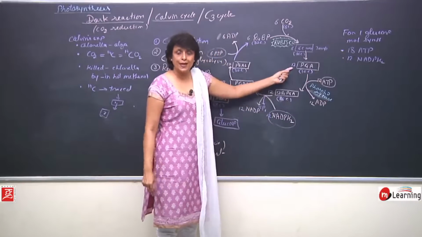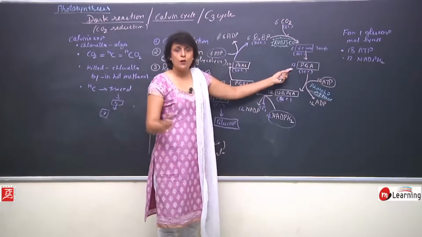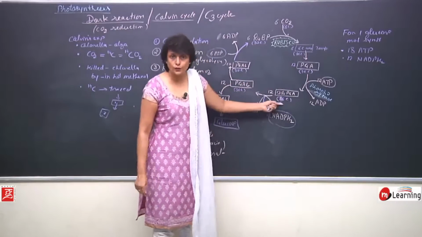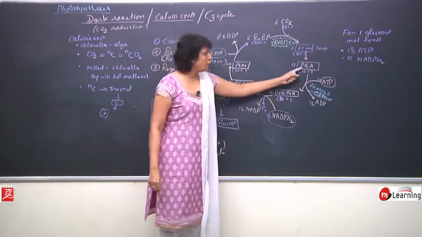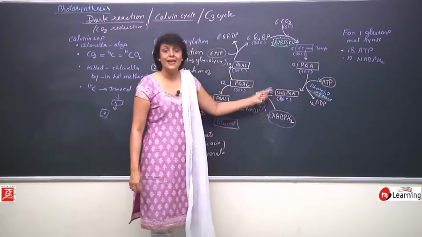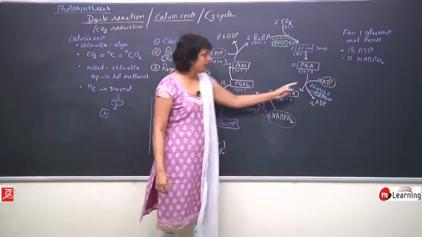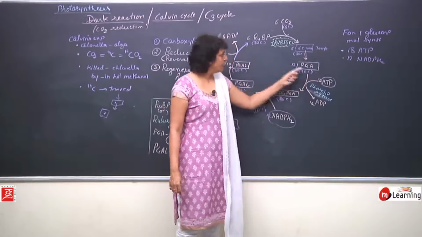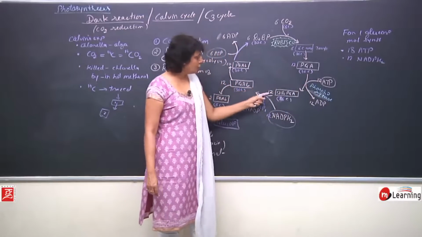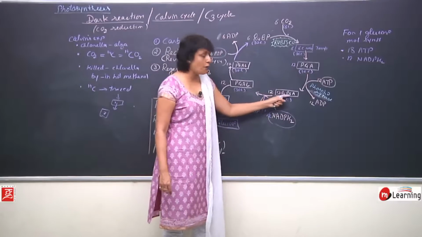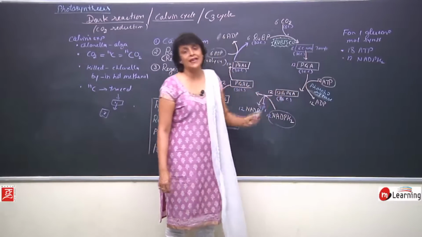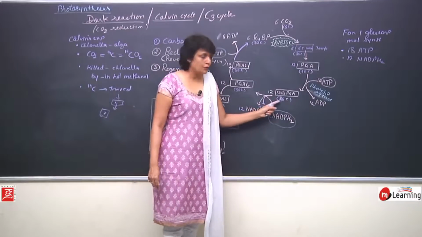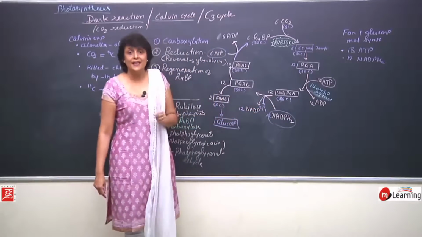This phosphoglyceric acid changes from a one phosphorus containing compound to a 2 phosphorus containing compound. So instead of phosphoglyceric acid, it becomes 1,3-diphosphoglyceric acid. Phosphorus and energy are required, which come from ATP. 12 PGA are changing into 12 1,3-diphosphoglyceric acids, so 12 ATPs will be used up here. Now this diphosphoglyceric acid undergoes reduction.